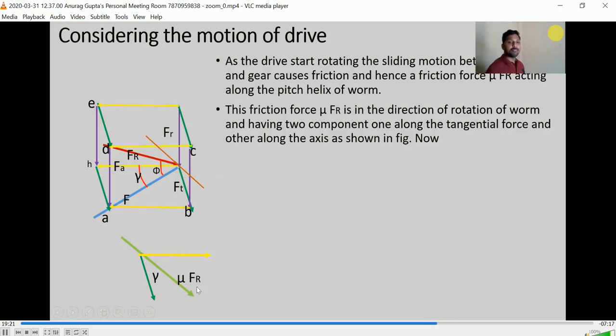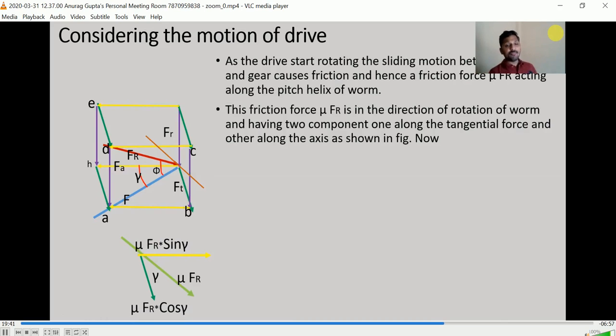Now we can resolve this friction force into two components. One is along the axial force and the other is along the tangential direction. So these are the two forces which have been resolved in the axial direction and tangential direction.